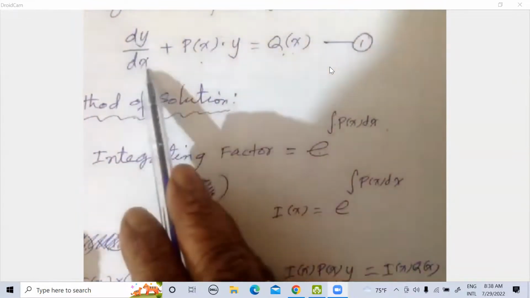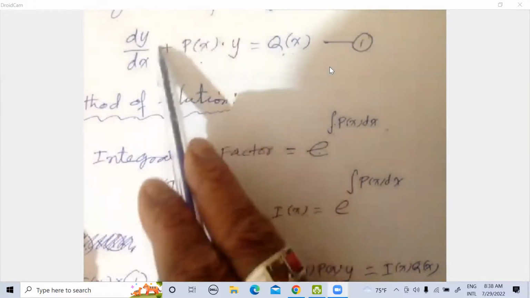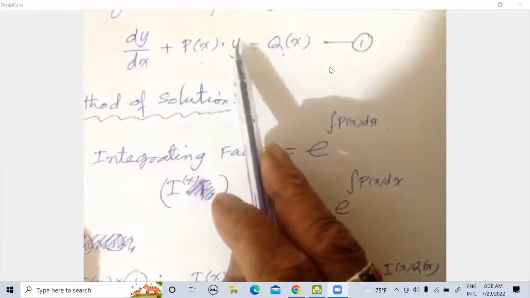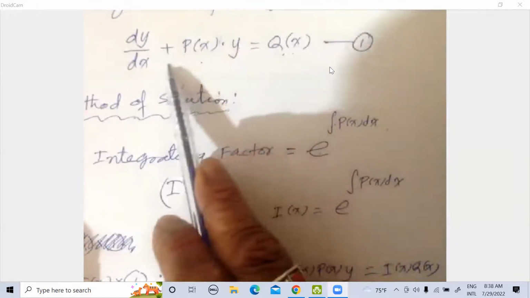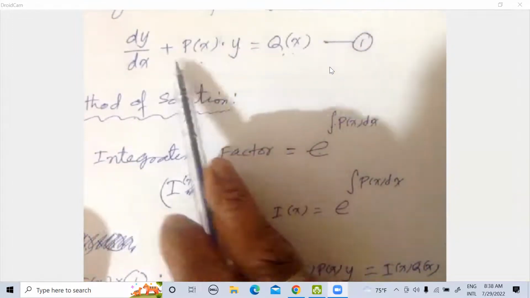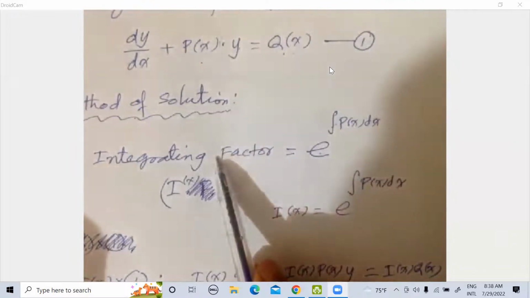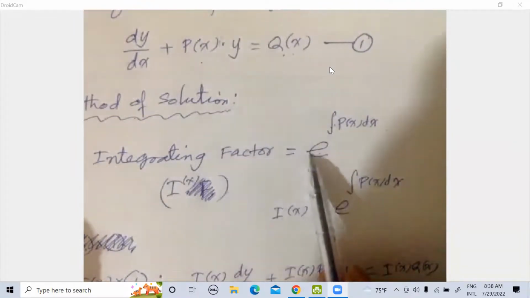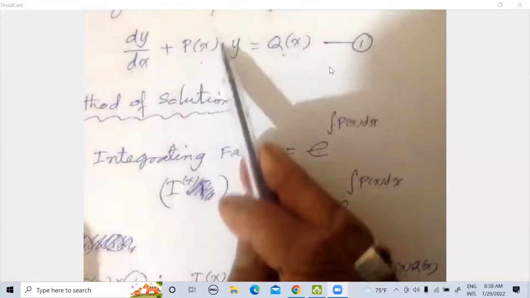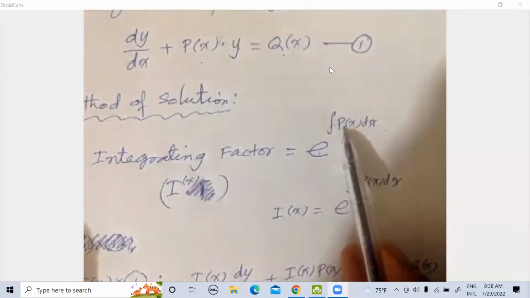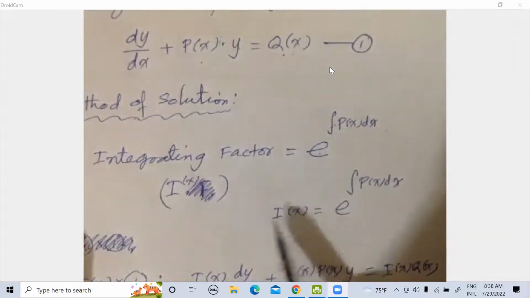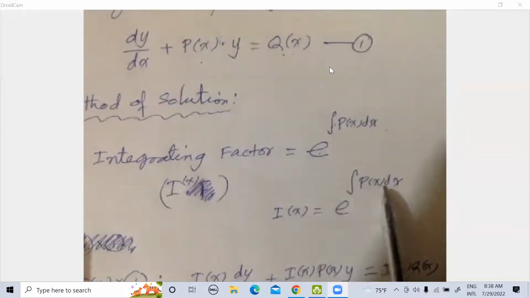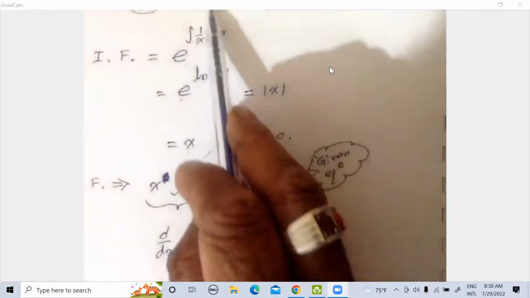That p of x part, the function of x attached to y, is the part to be identified to find the integrating factor. Integrating factor is e to the integral of this function, integral p of x dx. Integrating factor is this.